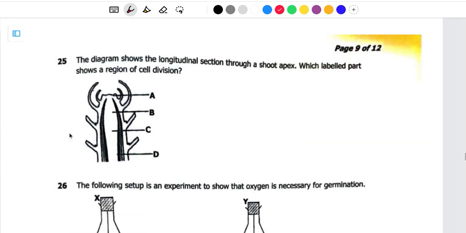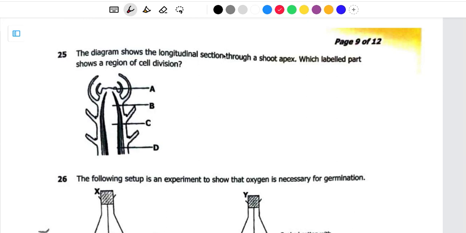Then question 25 is saying the diagram shows the longitudinal section through a shoot apex. Which labeled part shows the region of cell differentiation? One thing that you need to know here is that the part on top shows cell division.